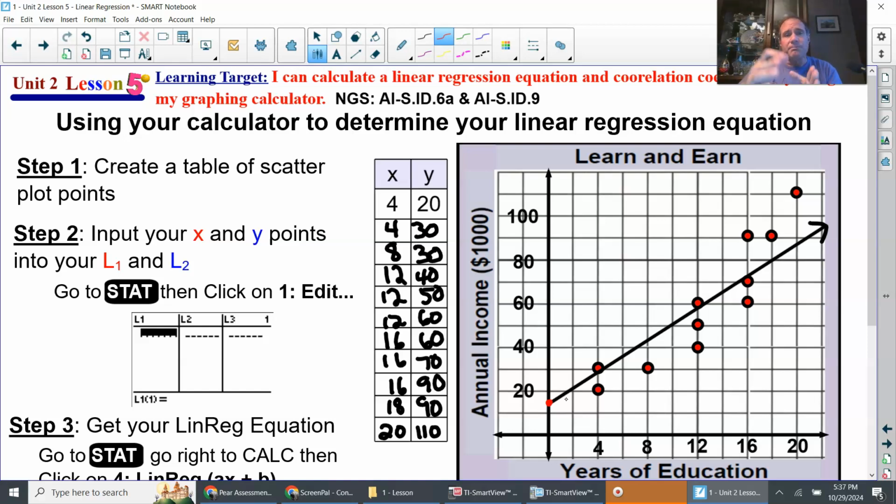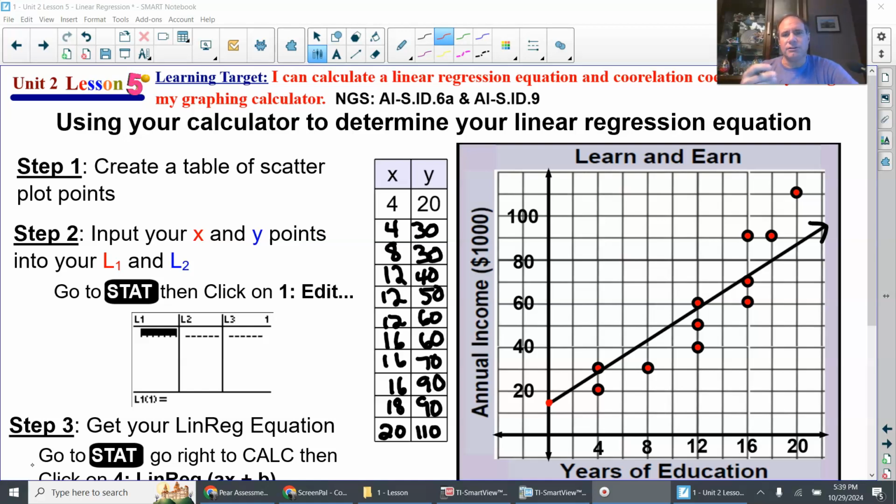Just remember, when you put all of these points into the calculator, it is going to give you the best linear regression equation that you possibly can. To repeat what I said, the linear regression equation is going to be closer to what the real equation would be for the scatter plot and the trend line than doing it by hand.